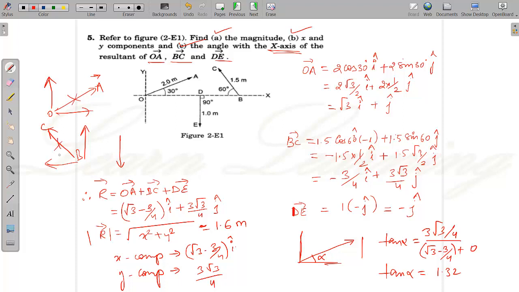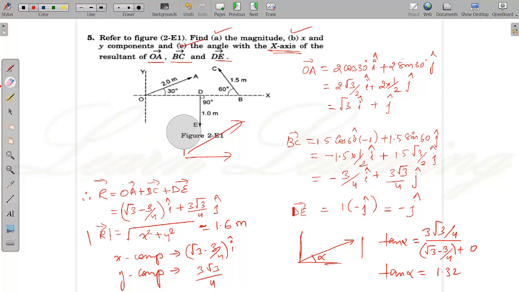We are not going to use the individual vectors, so there will be this many vectors in total. Each in a similar direction can be added, and each in the other direction can be added. At the end you will get two vectors, one in the x direction and one in the y direction. These are easy to solve, and you can get the resultant. This is how we proceed, and that's why we use resolution of vectors.